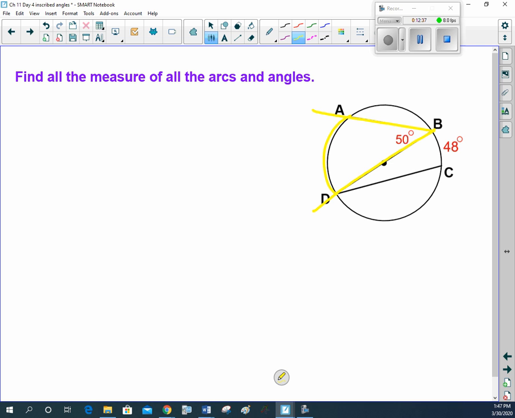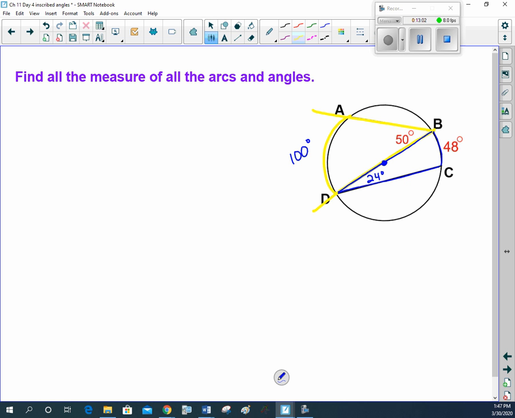It's an inscribed angle, so that means this arc measure is 100 degrees. Remember, inscribed angles are half of the intercepted arc. So then if this is my intercepted arc here, this inscribed angle must be 24 degrees.